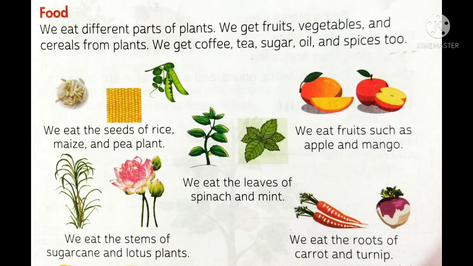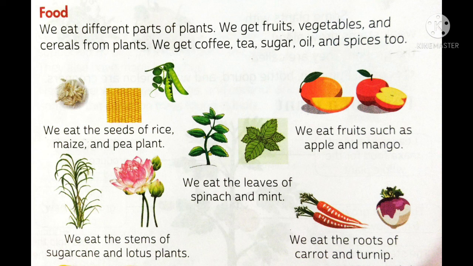See, we eat the seeds of rice, maize and pea plant. So they are a part of plant. The next one, we eat the leaves of spinach and mint, even coriander and other leaves, tulsi leaves. All are leaf parts of plants. Now the fruits like apple, mango, banana, watermelon, whatever we eat, they are all different parts of the plant.